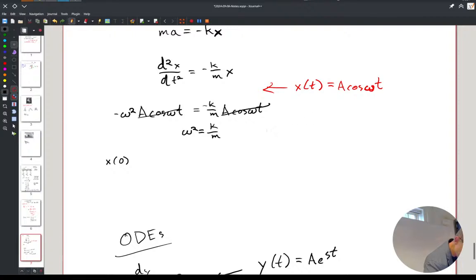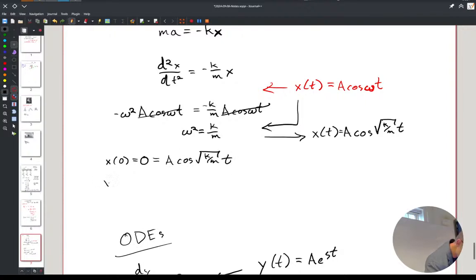All right, so let's say, again, plug in here, magic arrow there, and now we've got x of t is a times cosine root k over m times t. x of 0 is 0, and that's going to be a cosine root k over m times t. v of 0.